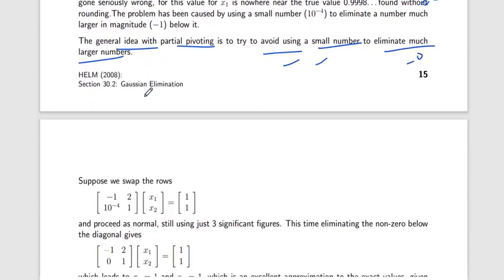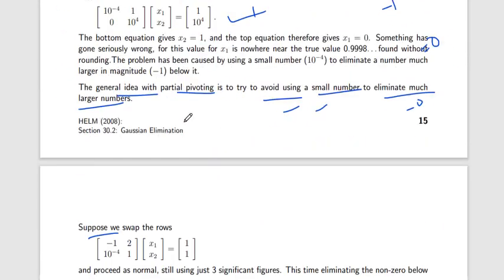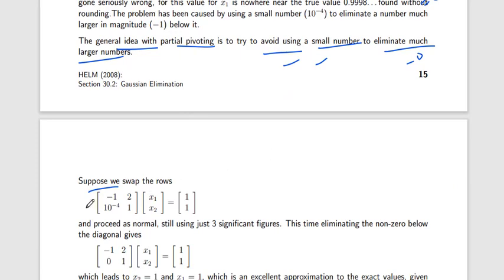In partial pivoting we will swap the rows. Suppose we swap the rows: the second row becomes the first row and the first row becomes the second row. This is a row operation, like the first equation and the second equation.